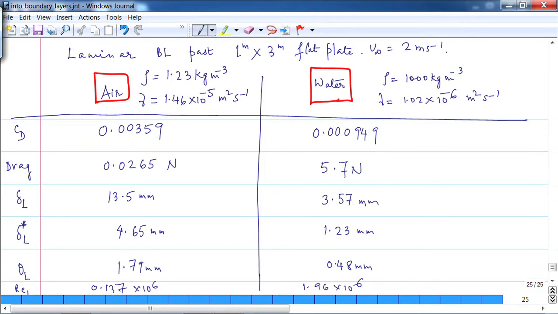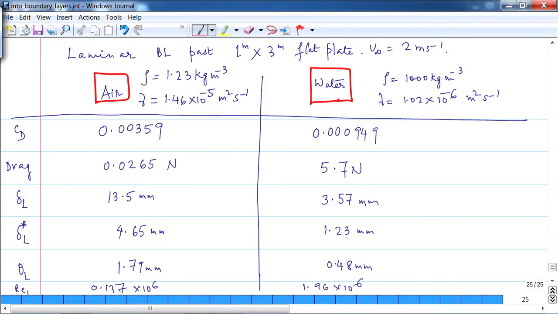So the displacement of air due to the existence of the boundary layer is 5 times more than the displacement of water due to the existence of the water boundary layer, and around 1.8 millimeters is the momentum thickness. Basically, that is the height required to counteract the momentum deficit due to the existence of the boundary layer, and this is about 0.5 millimeters.